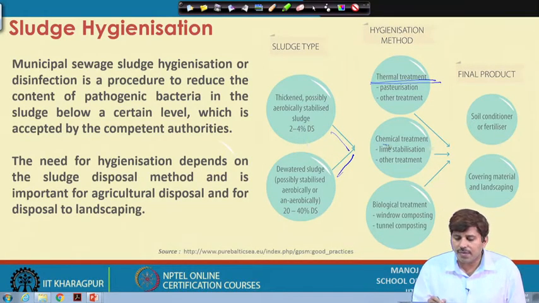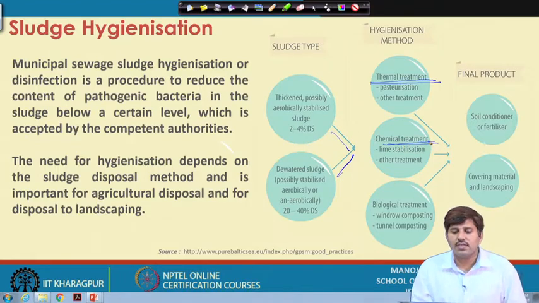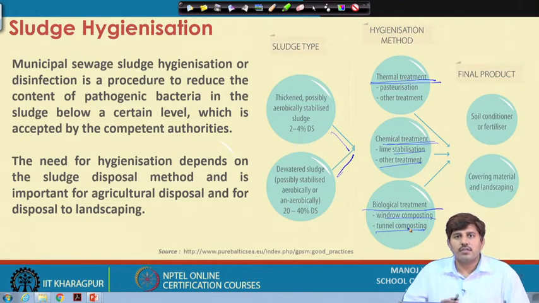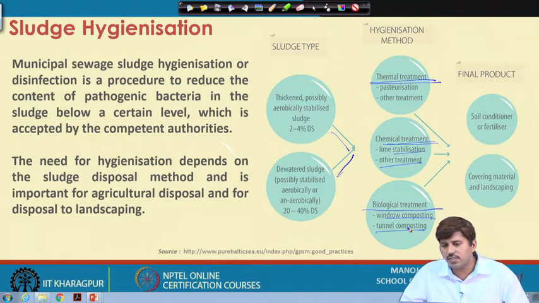There are chemical treatment methods of hygienisation, where we can go for lime stabilization or other treatments, and then there are biological treatment methods, which are windrow composting or tunnel composting. Biological methods that involve composting are by far the most popular method for these things.